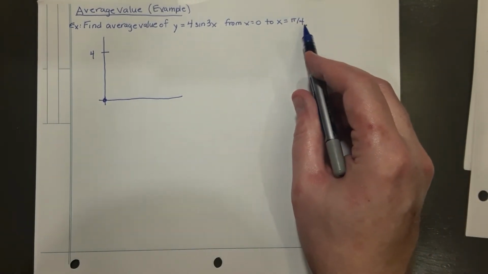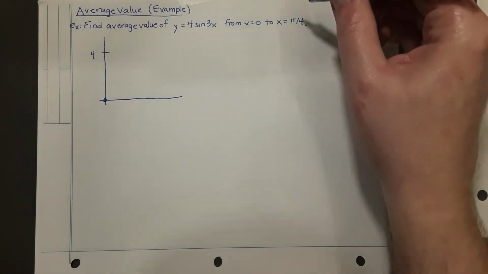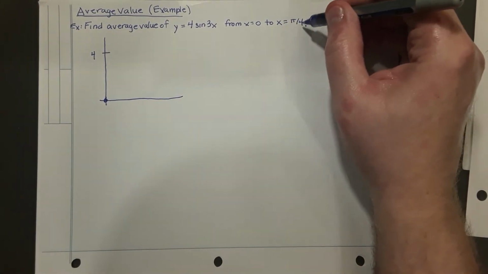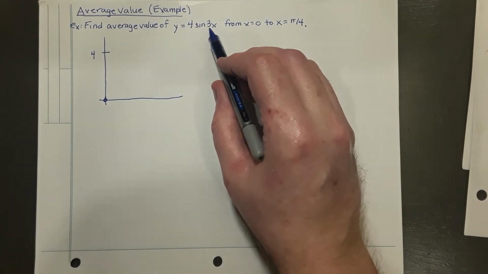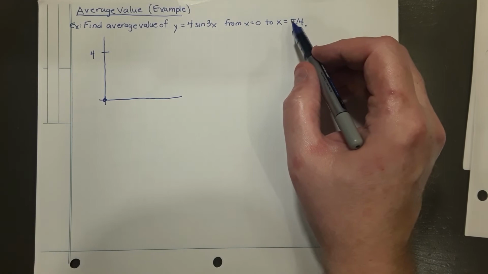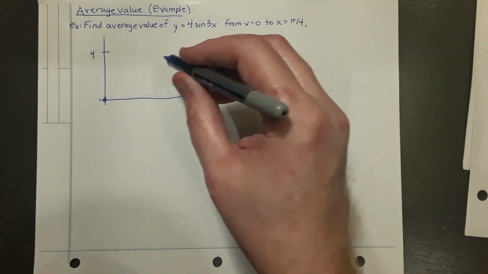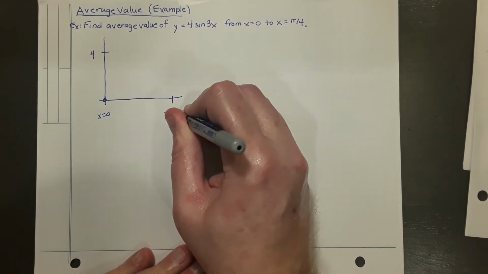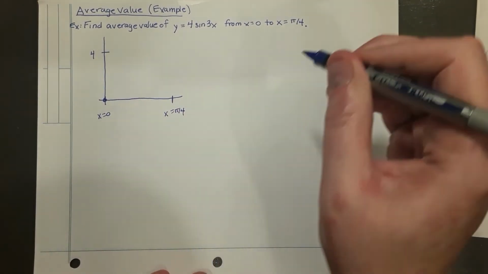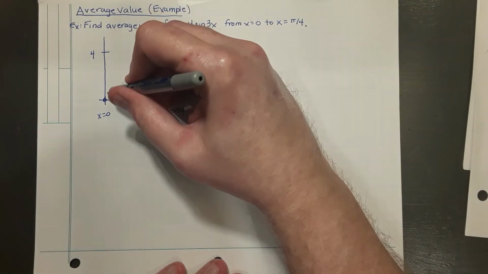It starts at 0 here, there is no phase shift, and we're only going between 0 and pi by 4. Now, pi by 4 would be a 45 degree angle in degrees. If I multiply that by 3, I get 3 times 45 degrees, which is 135 degrees. So when I go from x equals 0 to x equals pi by 4, the argument of this sine function only goes to 135 degrees.